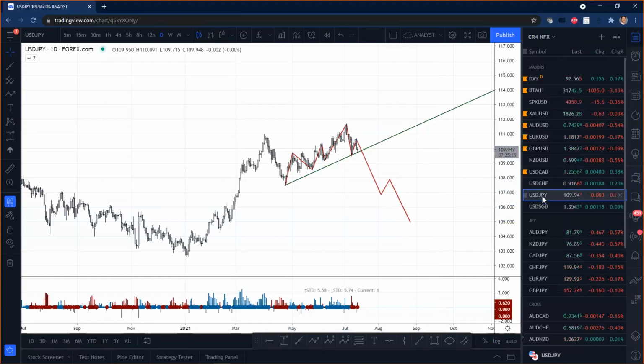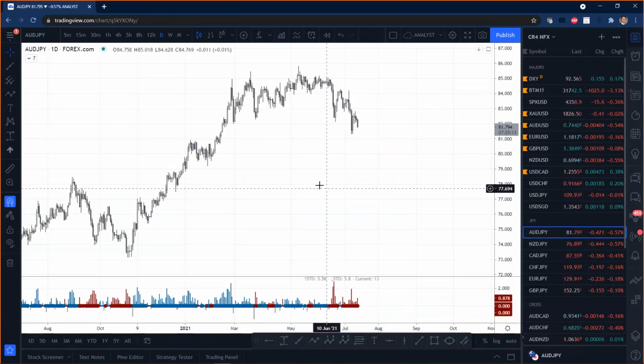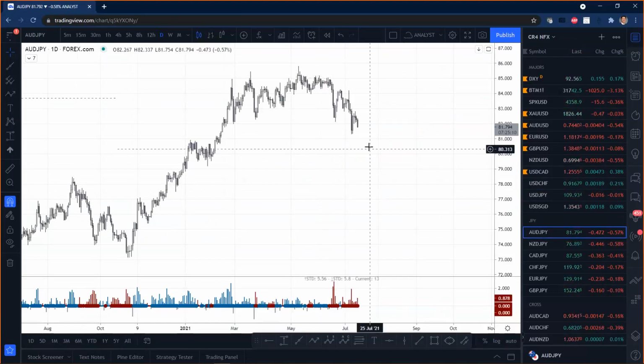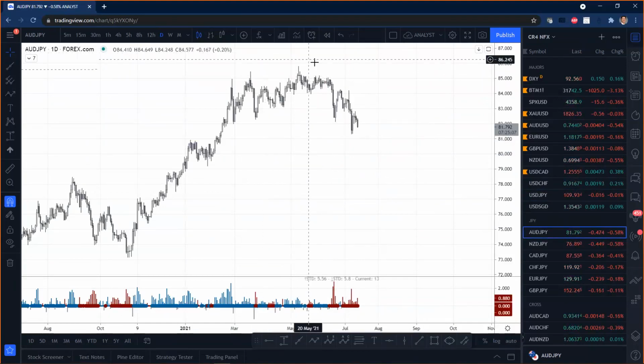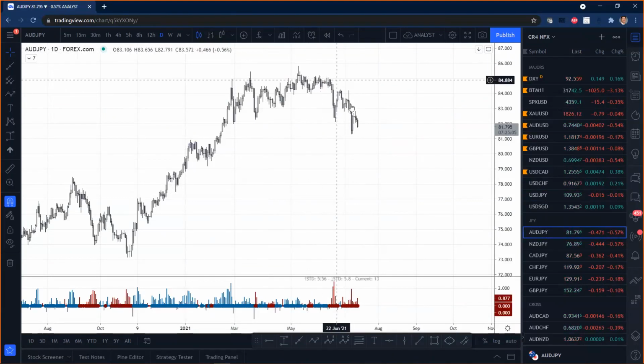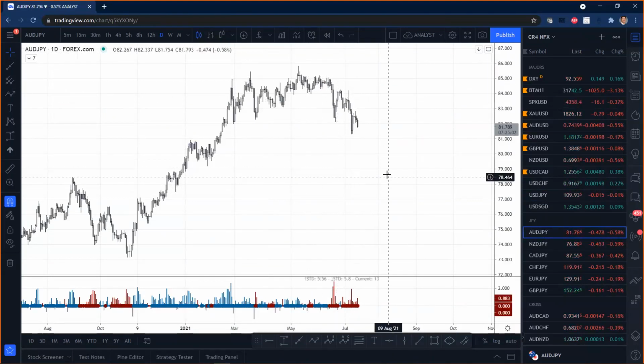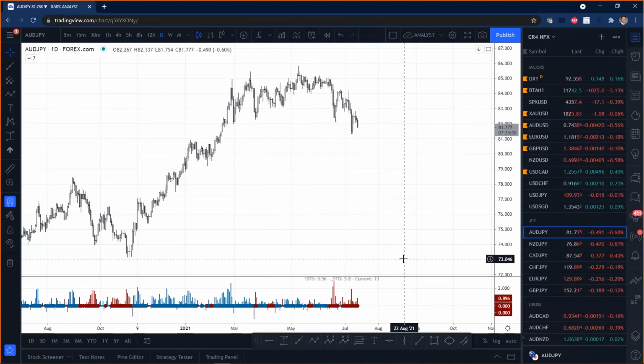So dollar yen. Let's look at the Aussie yen since I mentioned it. So as yen gets stronger, commodity currencies get weaker as flows go back into Japan. Right? That's what they're doing. If participants in the market wanted to hold Aussie because of high yield, but now they're concerned about what's going on in the global economy. It's not that the Aussie economy is weak or there's anything wrong with the Australian economy.